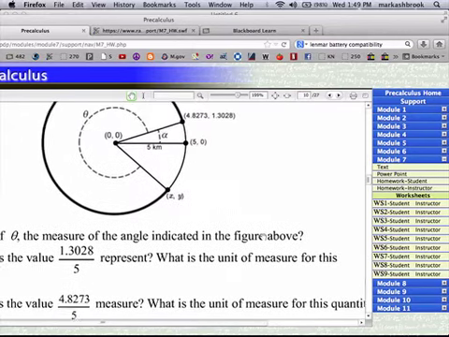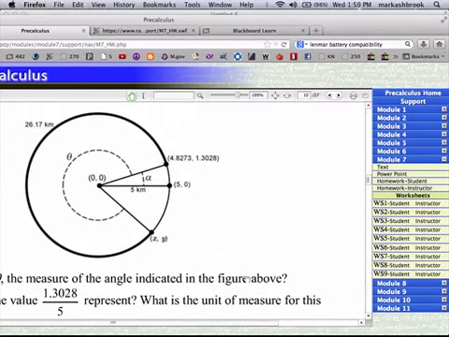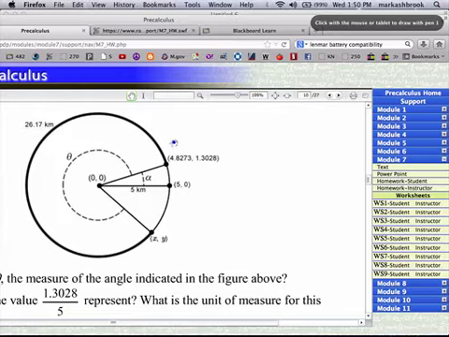Same thing with 4.8273. If I divide that by 5, was it 0.965? What does that number mean?